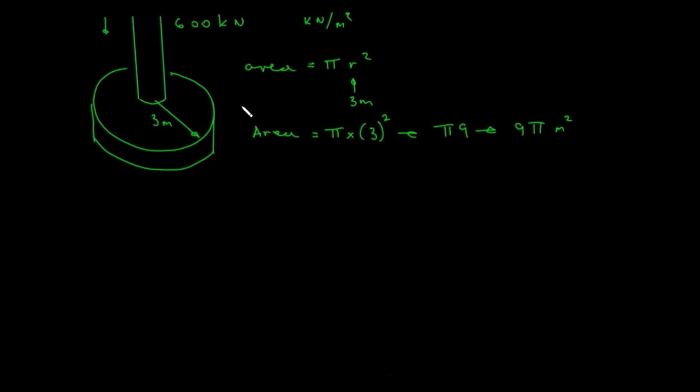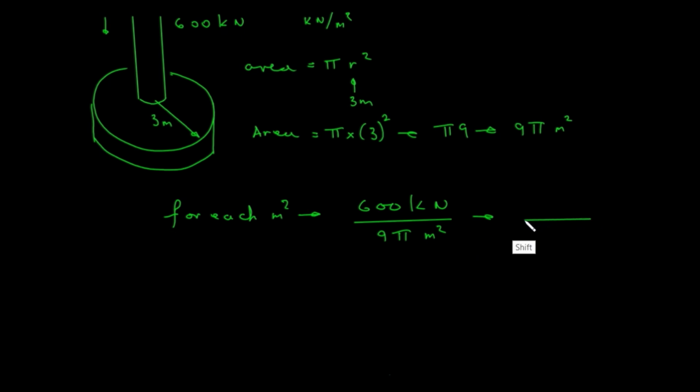We've got a load of 600 kilonewtons coming down in total. So for each square meter we have 600 kilonewtons divided by 9 pi square meters. But we want to know how much it is for 1 square meter, so we need to change 9 pi into 1.